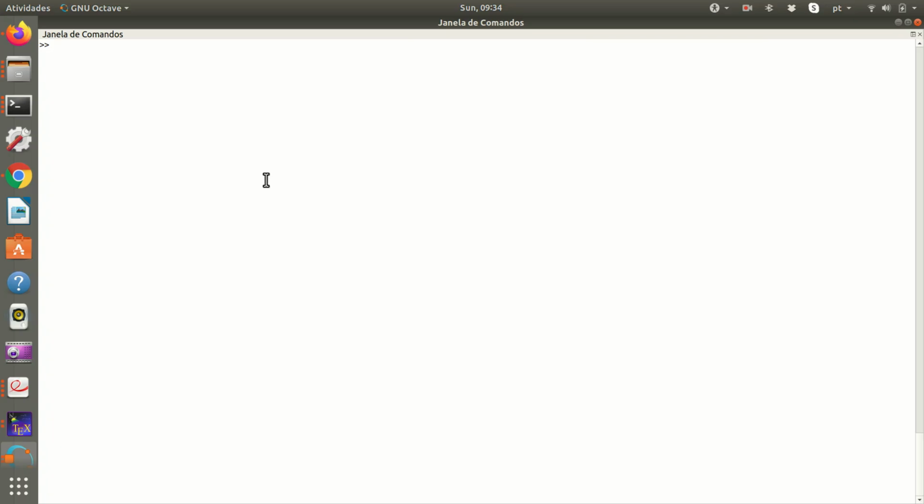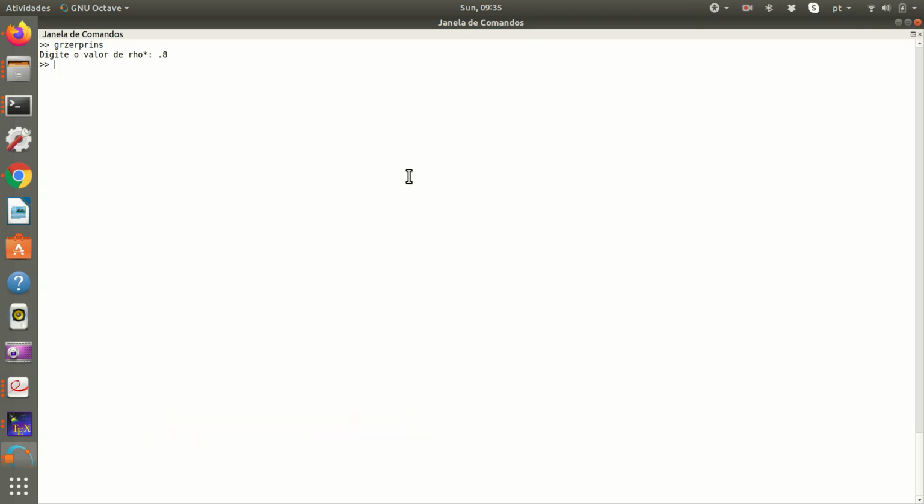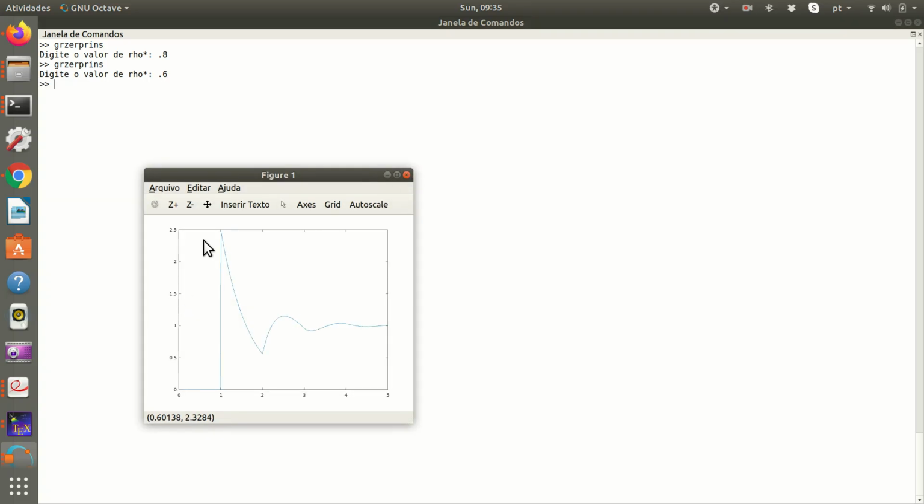I also felt guilty not to have run that code. Let's do it now. Let's put 0.8 as in the lecture. That's the graph. You see it's the same: 1, 2, 3 peaks, 4 peaks in total. Let's decrease the density to see what happens. Let's try 0.6. Let's see if you keep the 4 peaks. 1, 2, 3, let's say 3.